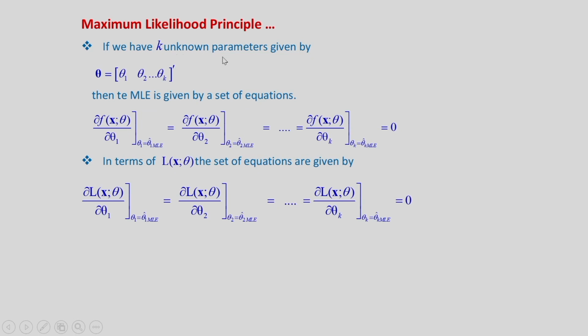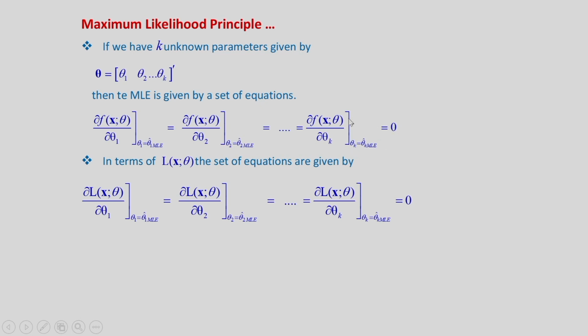If we have k unknown parameters given by the theta vector, that is equal to theta 1, theta 2 up to theta k transpose, this is the parameter vector now, then the MLE is given by a set of equations, that is, del f del theta 1 at theta 1 hat MLE is equal to 0. Similarly, del f del theta 2 at theta 2 hat MLE is equal to 0, like that del f del theta k at theta k hat MLE is equal to 0.